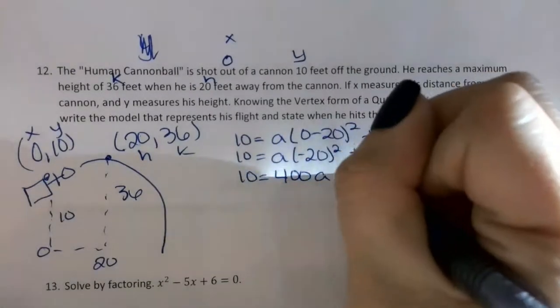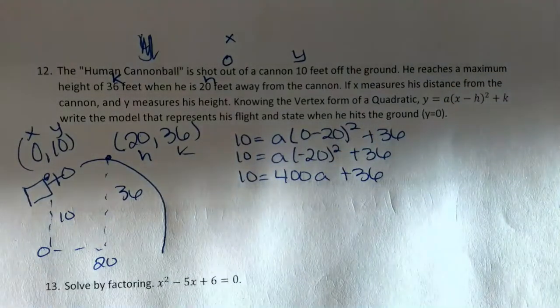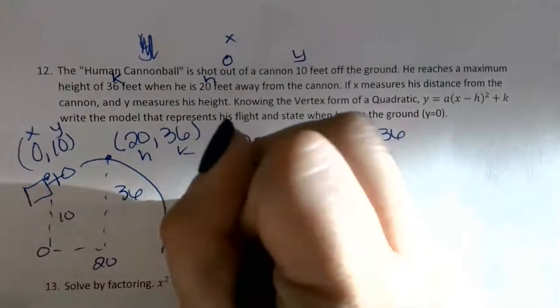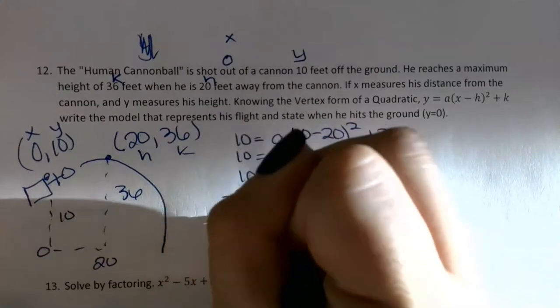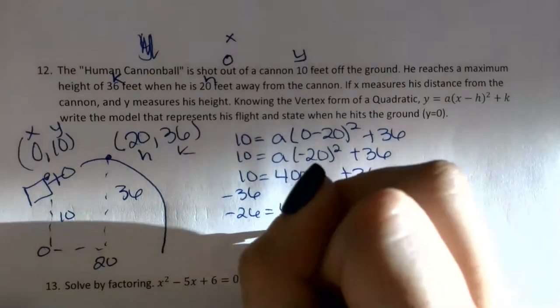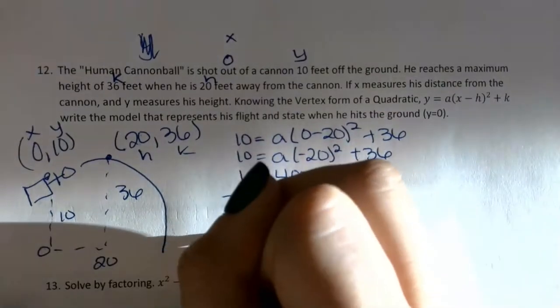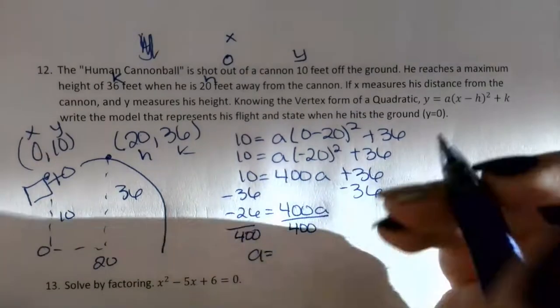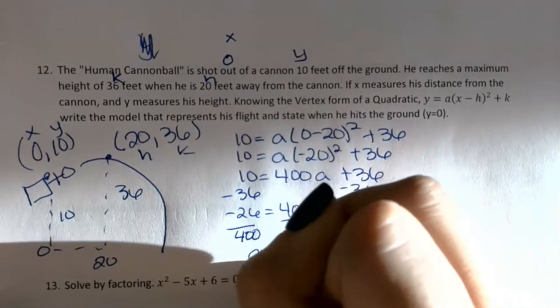I write that in front of my A, so I don't confuse it and combine it with the 36. Then I subtract 36 on both sides. I get negative 26 equals 400A. I divide both sides by 400. And I get A, this will simplify to negative 13 over 200.